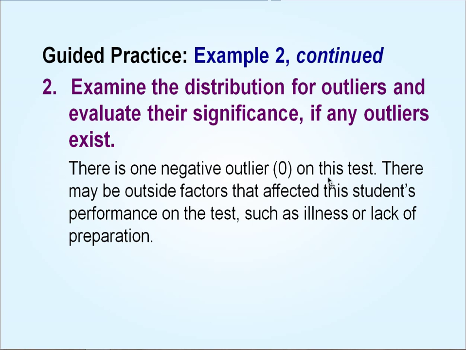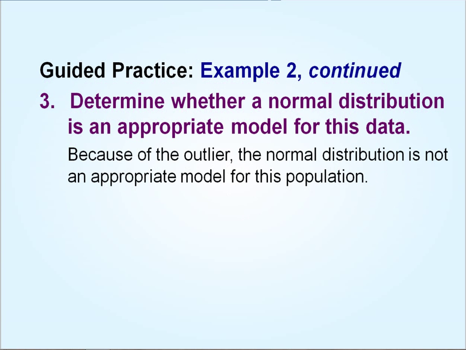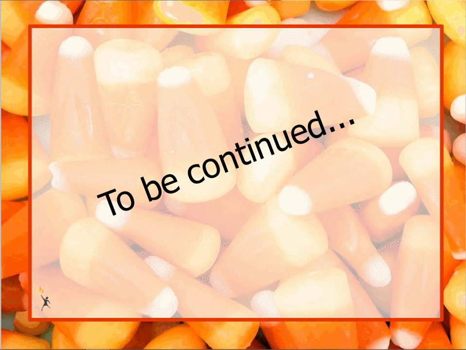Knowing that there's an outlier on the test, right? Now there might be outside factors as to why that student got a 0, but still it's an outlier. If I could throw out that 0 on the test, my data would be much more accurate. Because of the outlier though, we have to say that normal distribution is not appropriate for this model.